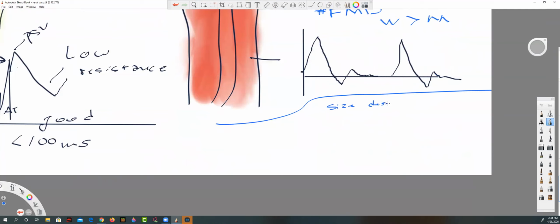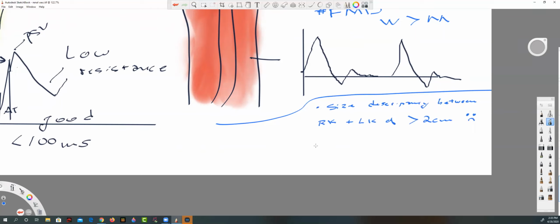Size discrepancy between right kidney and left kidney of more than 2 centimeters. Bad. The smaller one is diseased. The smaller one, and probably not getting the blood supply.